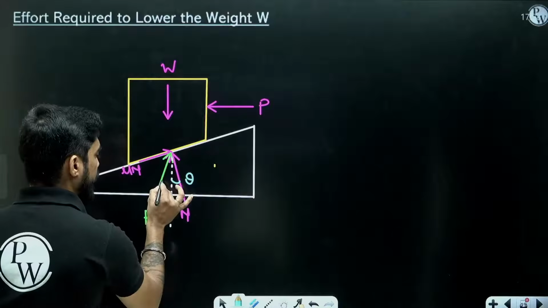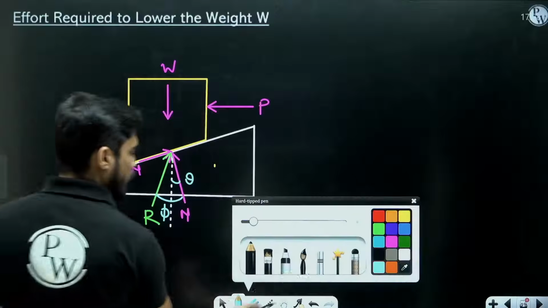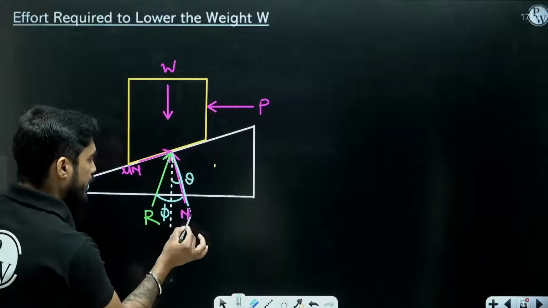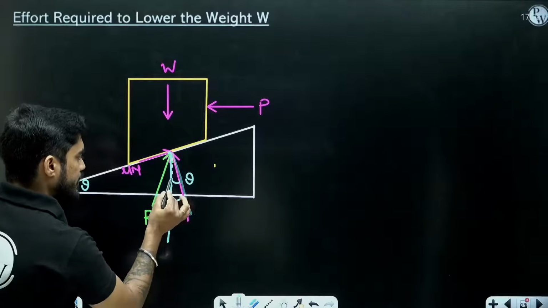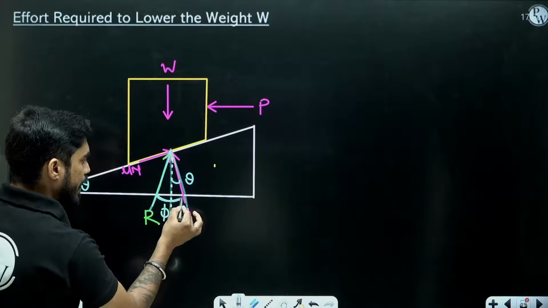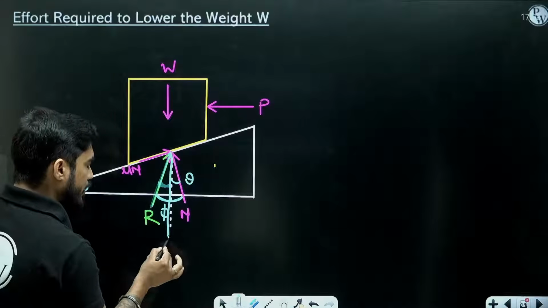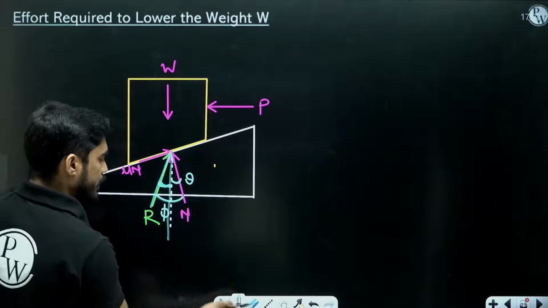So what will be the angle between R and vertical? Phi minus theta. Look at this, the angle between N and vertical is theta, the angle between R and N is phi. So the angle between the resultant and vertical will be phi minus theta.